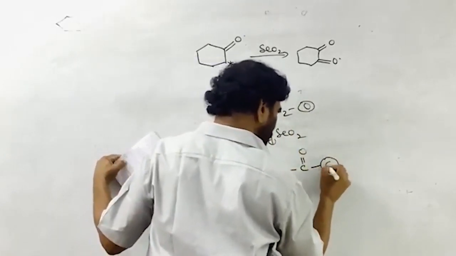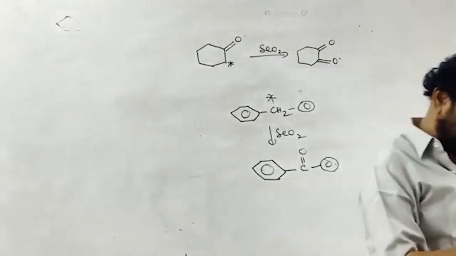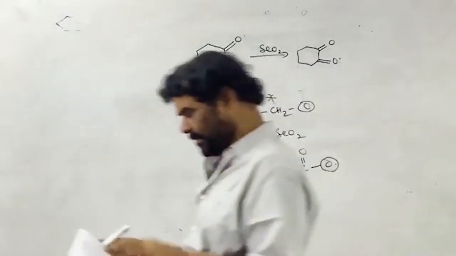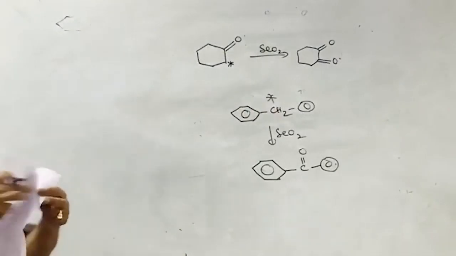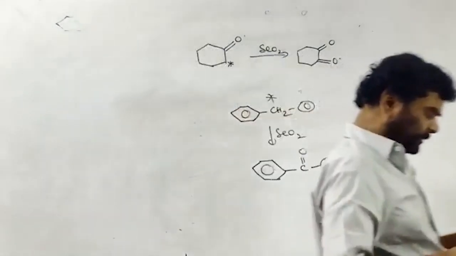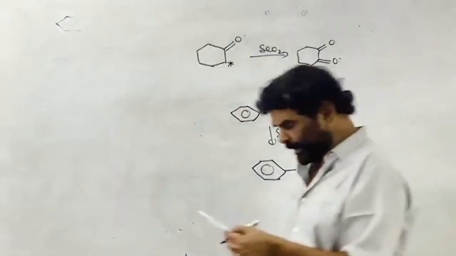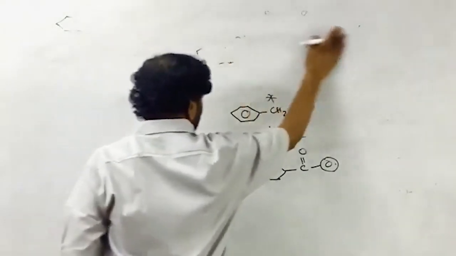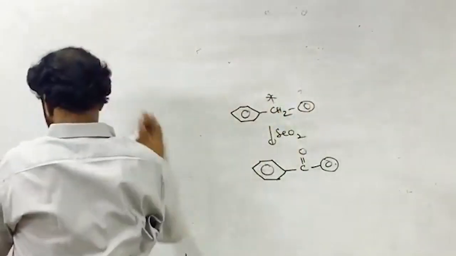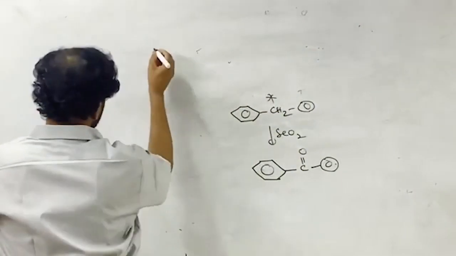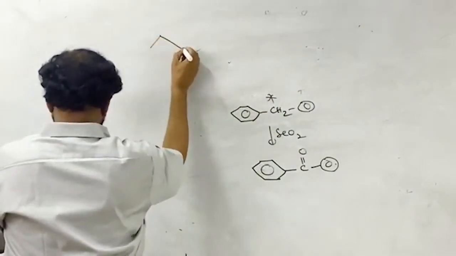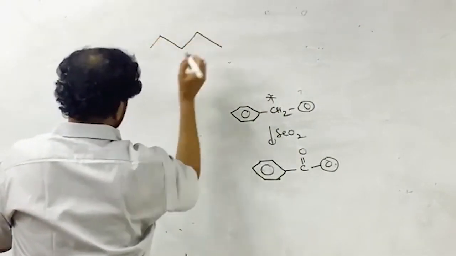These are all the classroom questions. So C is correct. The next one is 3-methyl-2-pentene treated with, another question on selenium dioxide. 1, 2, 3, 4, 5.